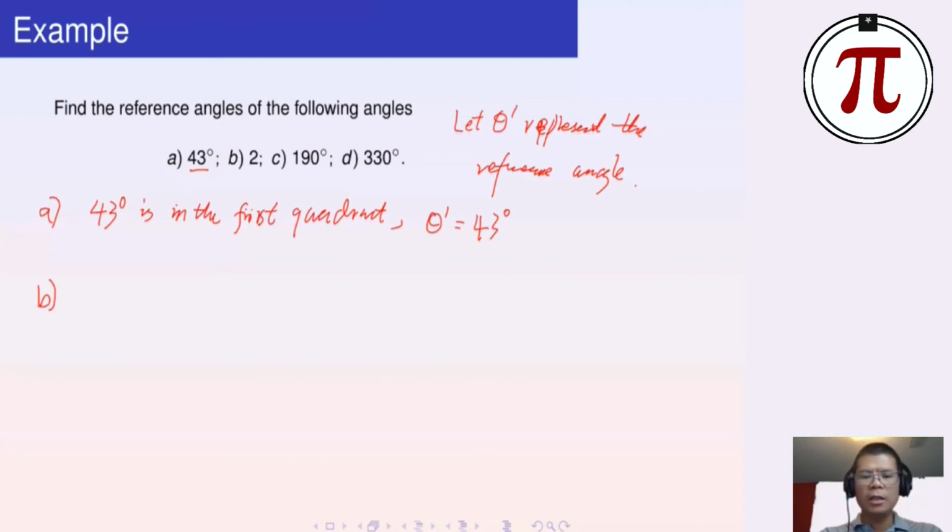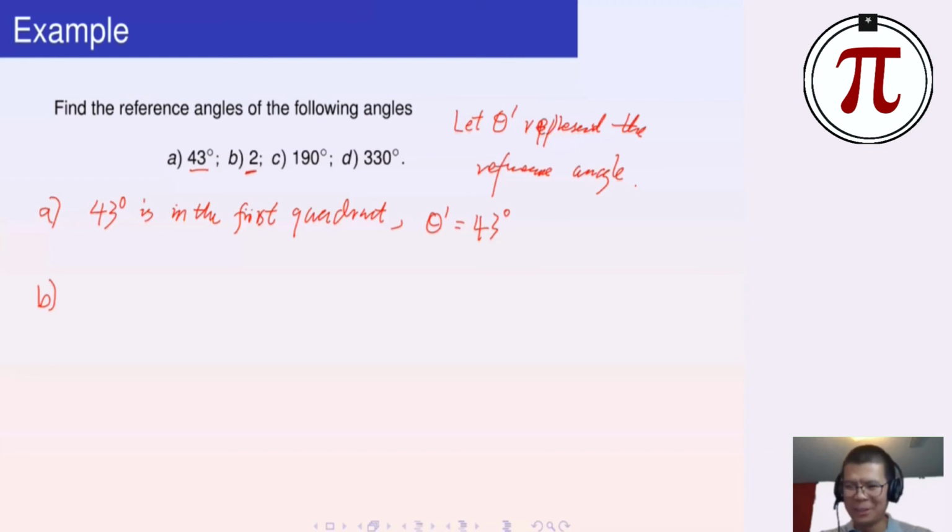Where is the location for 2? 2 is measured in radians, all right? There's no unit here, so 2 is in radians. Which quadrant is 2 in? Maybe second. Why is it the second one? Because half a circle is pi, and pi divided by 2, which is 90 degrees, is about 1.5.